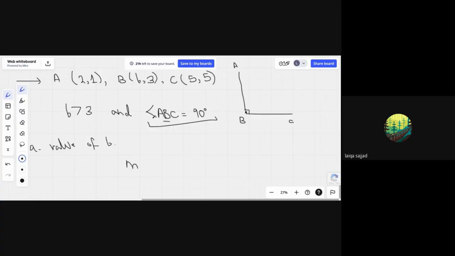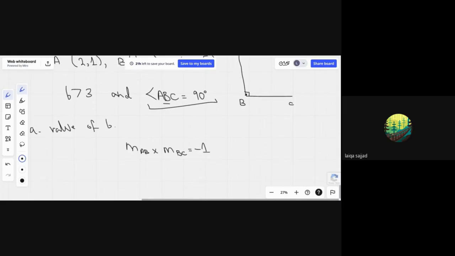We only used this angle which was given in the question, and from here we concluded that the slope of line AB, when we multiply it by the slope of side BC, we should get -1. Now we can find the gradients and substitute them into this rule.